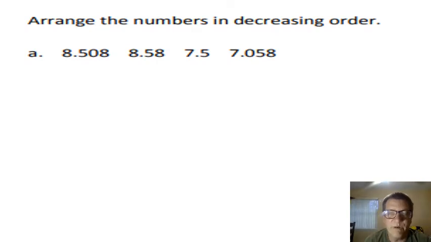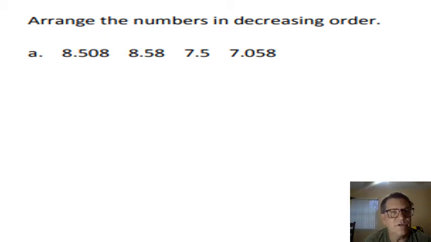Okay, now we've done some comparing. Now we're actually going to take what we've done in comparing, and we're going to arrange them. This one here says arrange in decreasing order. Now a lot of students get tripped up on this. Decreasing order means you're going to start with the largest and it's going to go down. Decreasing order, not increasing.